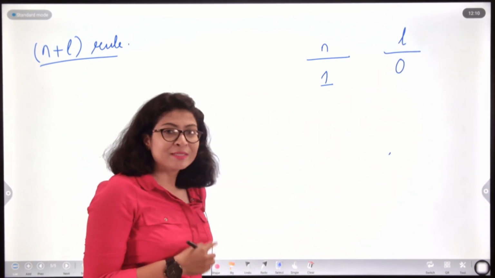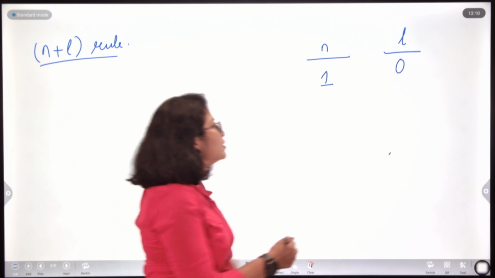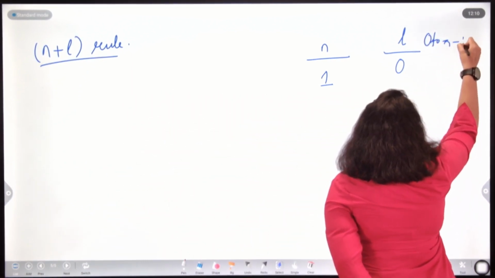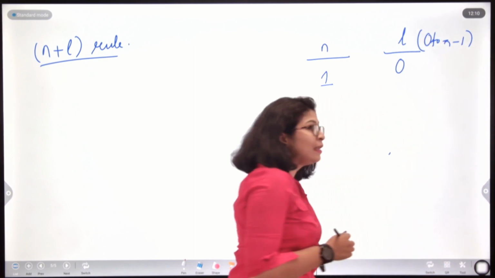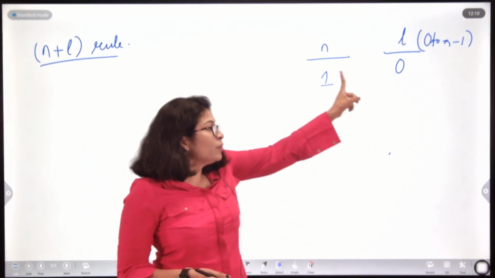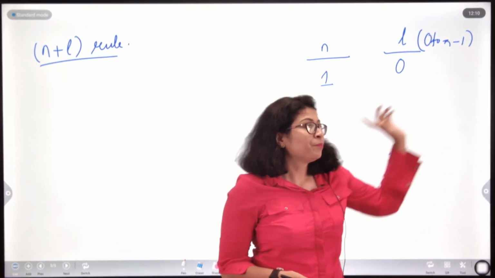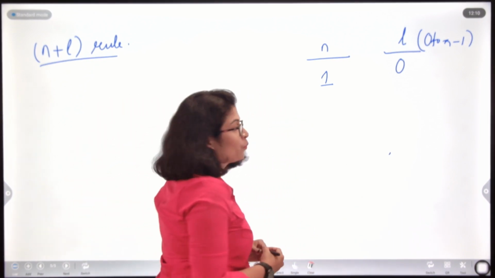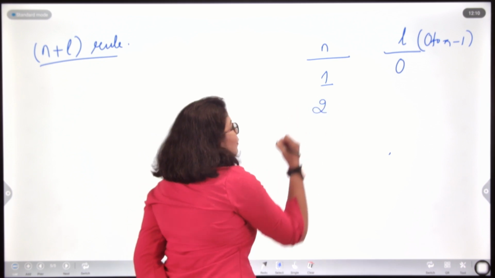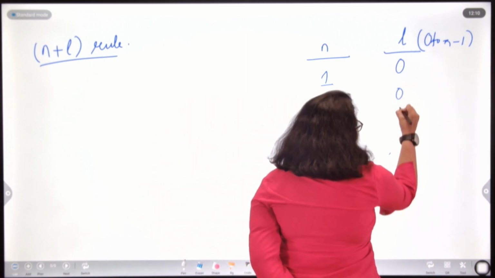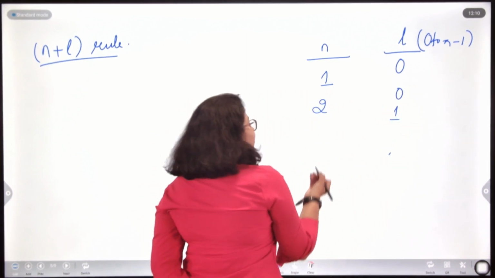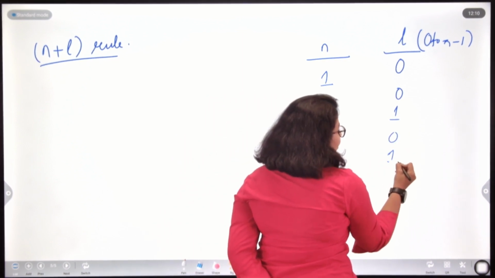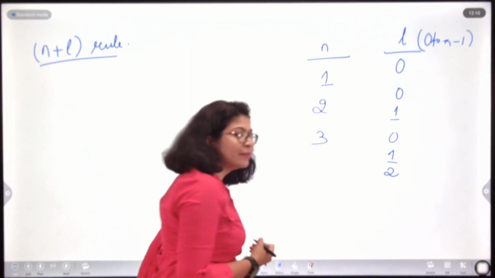Basically, l ranges from 0 to n minus 1. So, if n is 1, l will be 0. If n is 2, l will be 0, 1. If n is 3, l will be 0, 1, 2, like that.